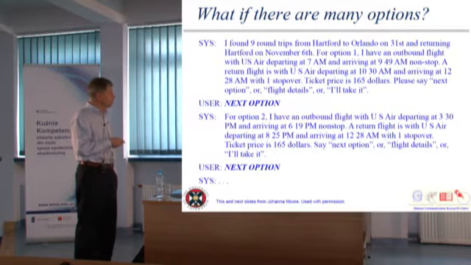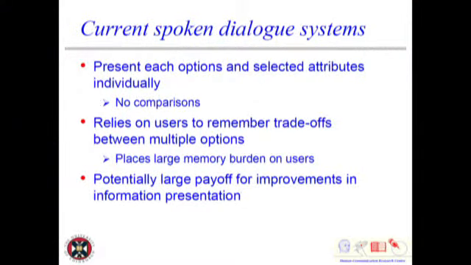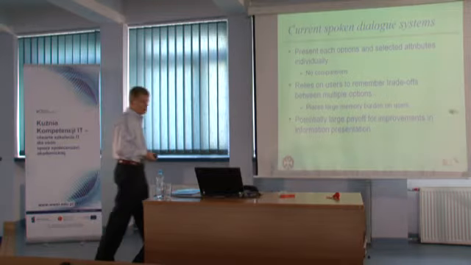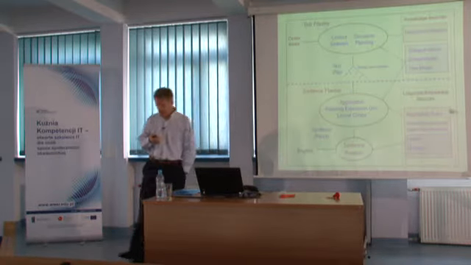So what is the issue? Well, there is no comparison. The user has to remember the trade-offs. But if we could solve some of this problem, there would be a large payoff in terms of how these kinds of dialogues are performed.